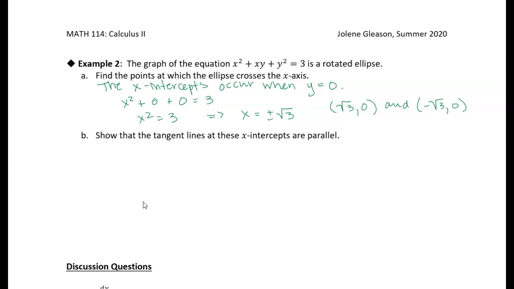Okay, so the first term is x squared. So when we differentiate that, we're going to get 2x. All right. The second term is a product. So we need to use the product rule on this one. We've got x times y.